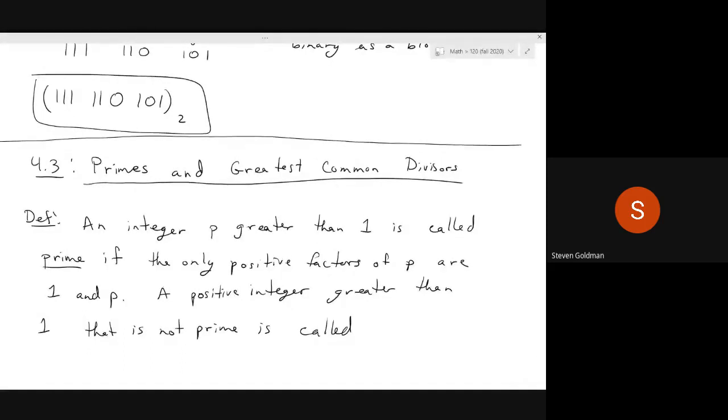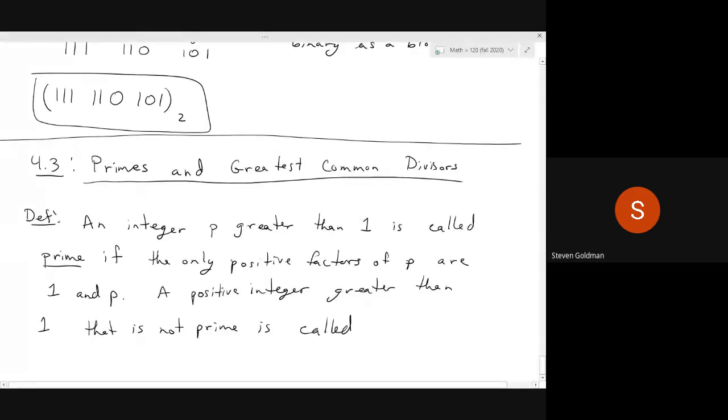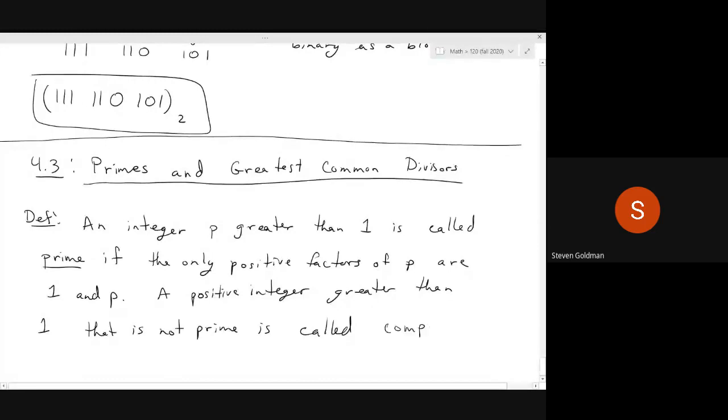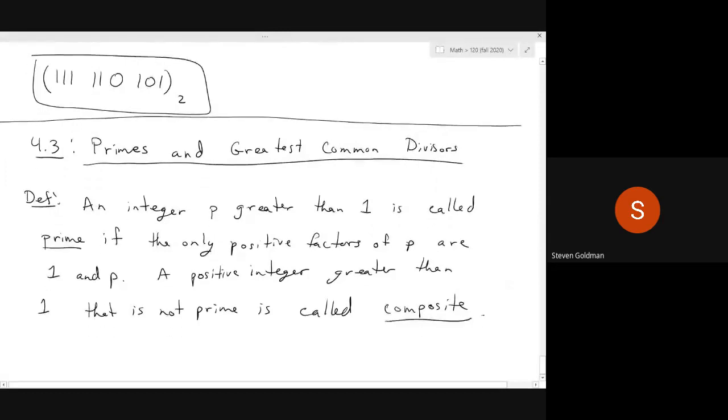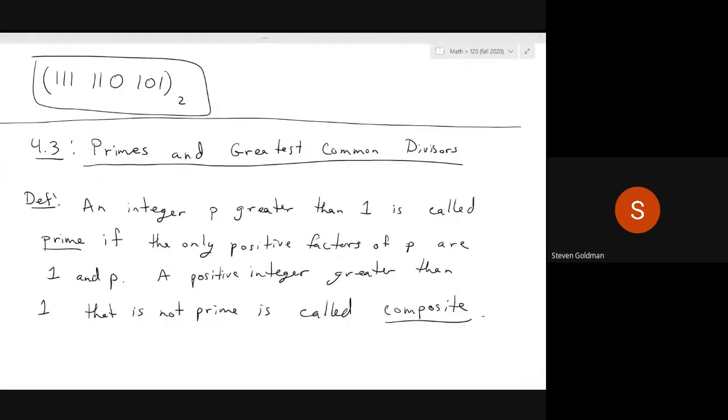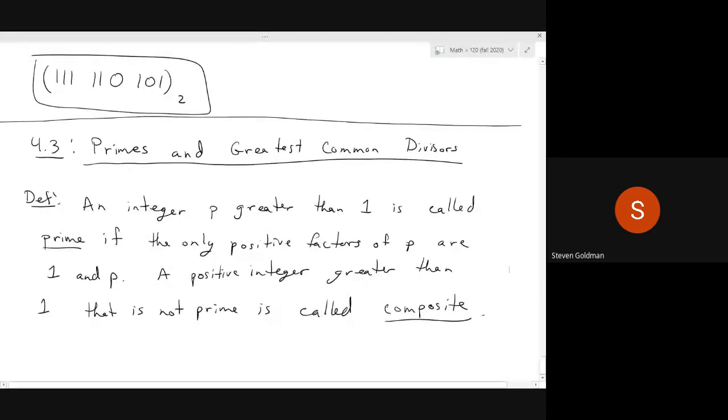Anyone remember what a number greater than 1 that's not prime is called? It's called composite. So every integer greater than 1 is either prime or composite.